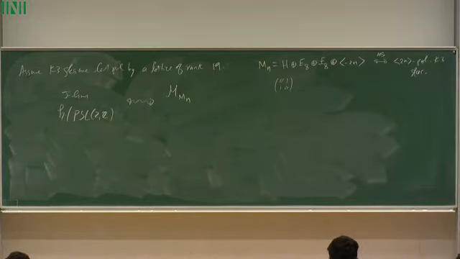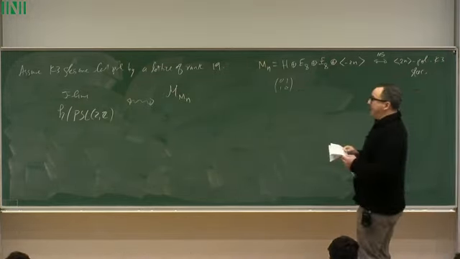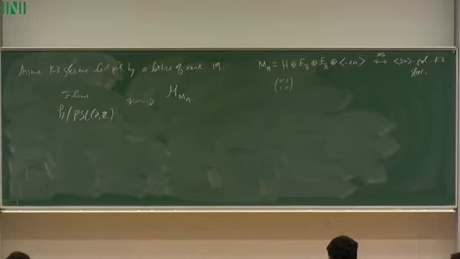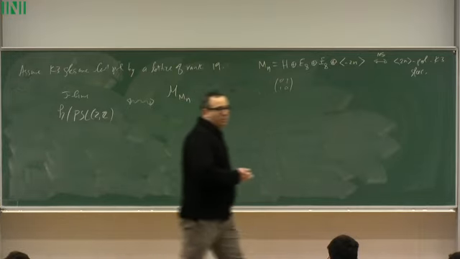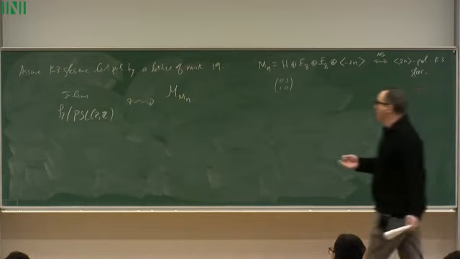Well, roughly speaking, that's clear. It's going to have to happen. Is this the right thing? Well, I told you this has to be one-dimensional. I told you it has to be an arithmetic quotient of a type 4 symmetric domain. Well, what are the type 4 symmetric domains in small dimension? Well, in this case, in small dimension, it's isomorphic to H itself. By H, I mean the upper half plane itself.